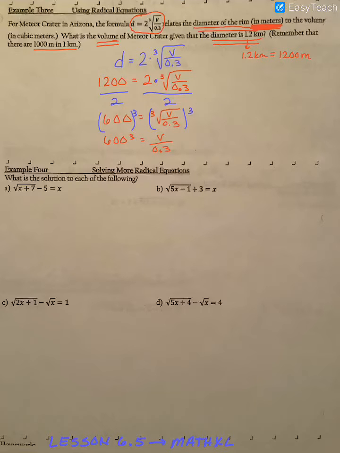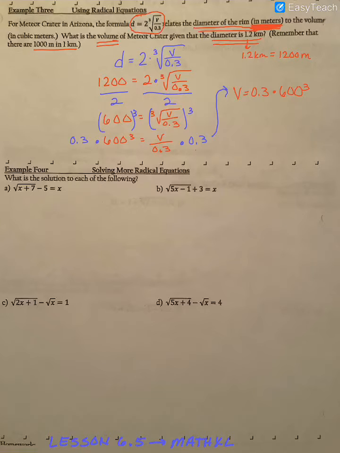Okay, one last step, solving for V. If it's V divided by 0.3, we need to multiply by 0.3. If you multiply one side by 0.3, you multiply the other side by 0.3. So 0.3's will cancel. I'm going to have V equals 0.3 times 600 to the third.